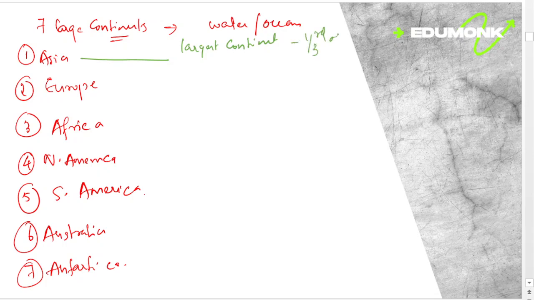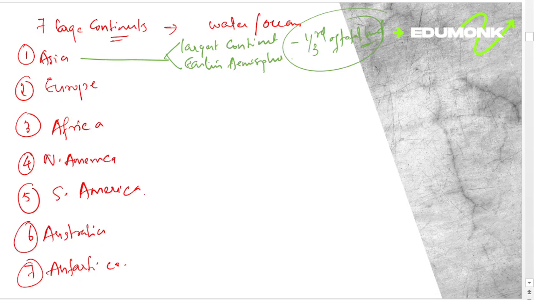This continent lies on the eastern hemisphere. Then the Tropic of Cancer is passing through Asia. The Ural mountain separates Asia from Europe.